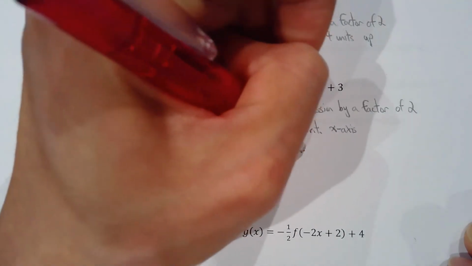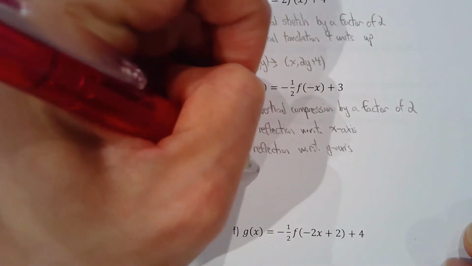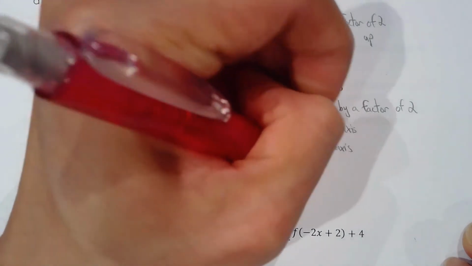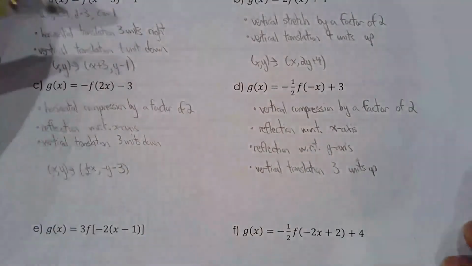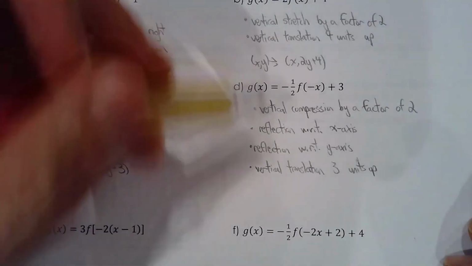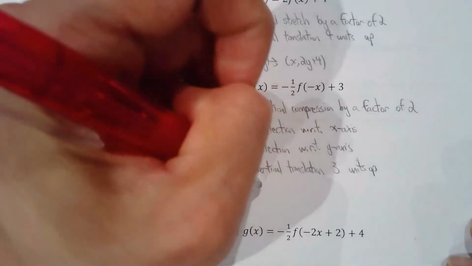Reflection with respect to the y-axis. And then vertical translation, 3 units up. Personally, I value the mapping rule a lot more than all these words. But I'm hoping you realize the repetitive nature. You don't really need to do both. They mean the same thing.